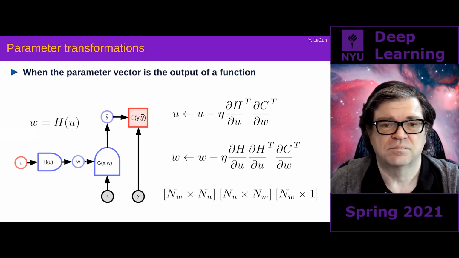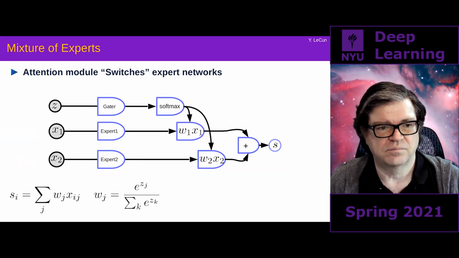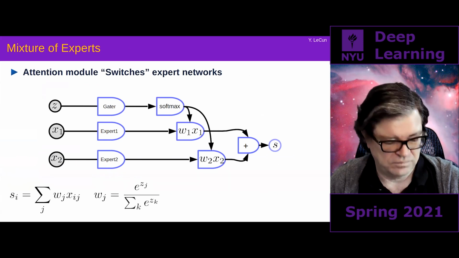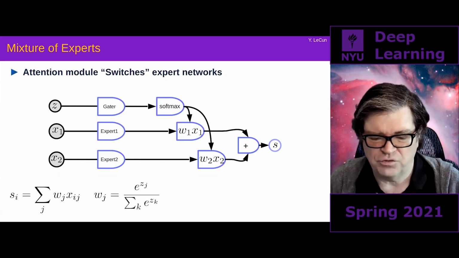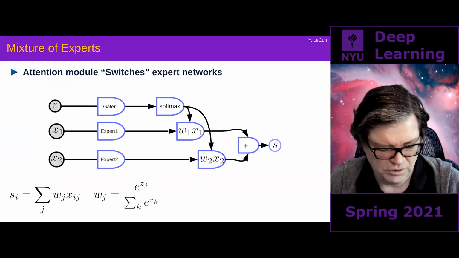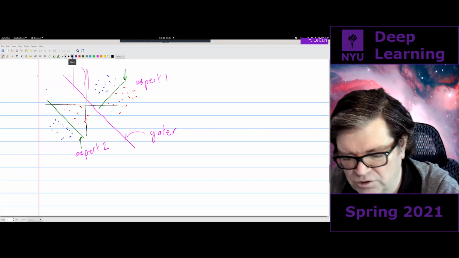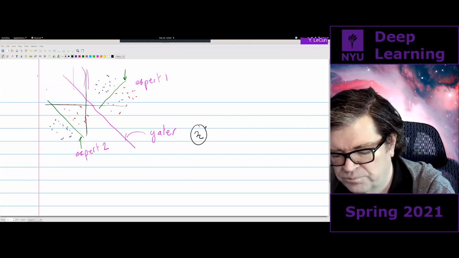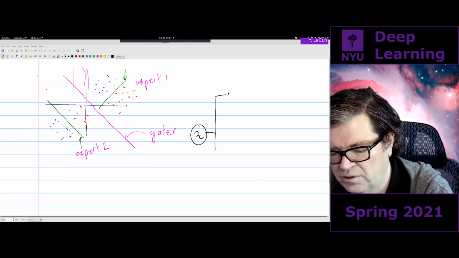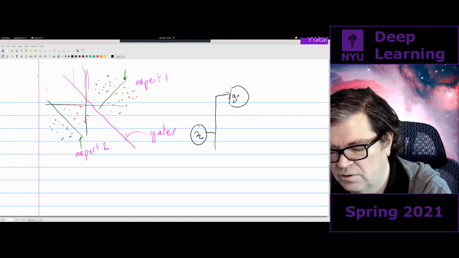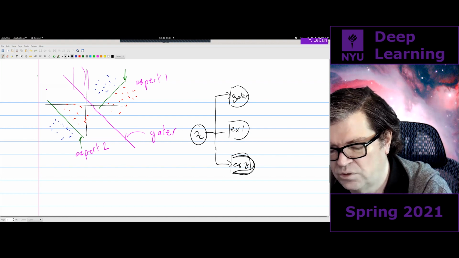Can you tell us about that Z, which is gray? So it's an observation. In the example I just drew, you basically have only one variable X, and it goes in parallel to the gator, to expert 1 and expert 2.